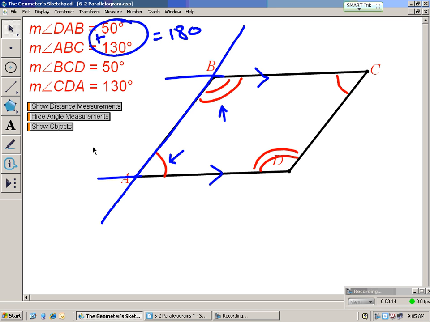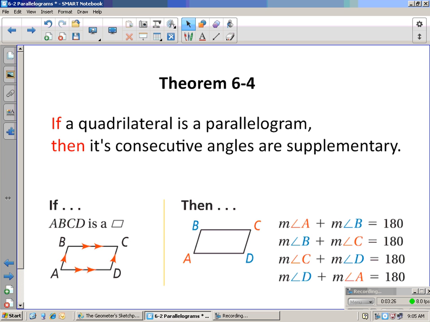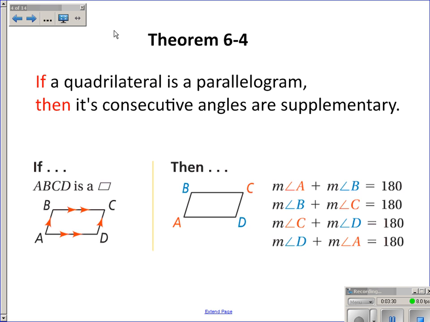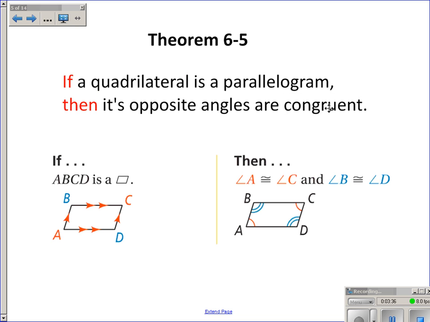Back in the ideas from chapter 3, we know that same side interior angles are supplementary. Those are the 2 ideas about angles that you need to know. The first is that the consecutive angles, the angles next to each other, are supplementary, and that the opposite angles are congruent. So if a quadrilateral is a parallelogram, then the opposite angles are congruent.